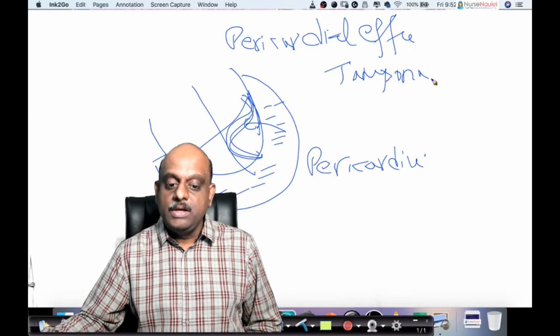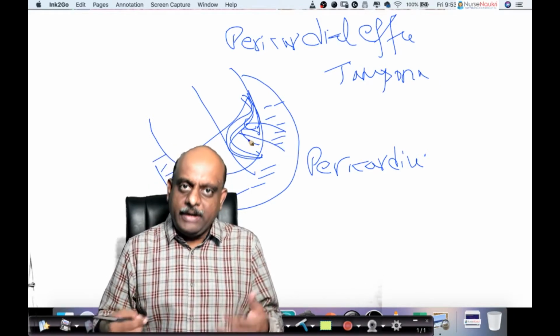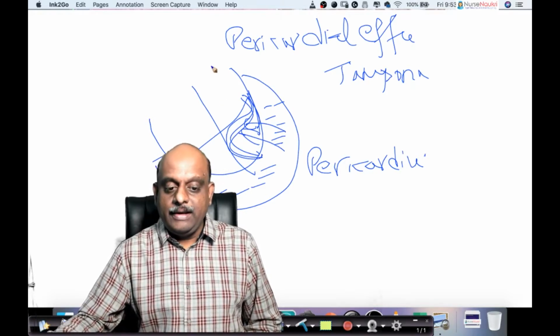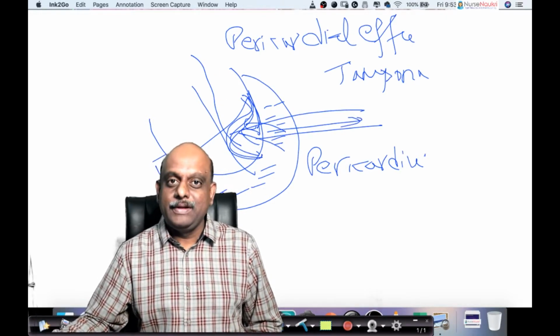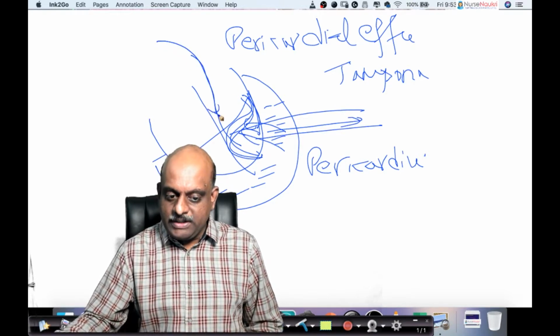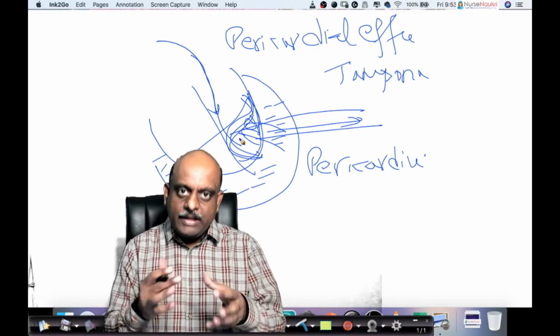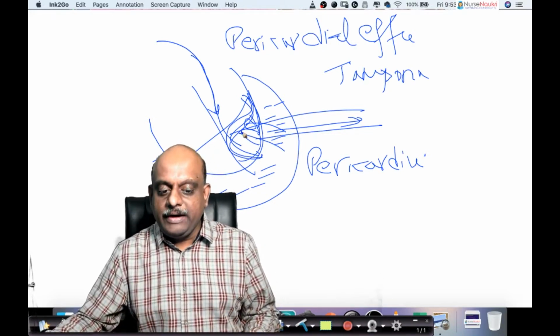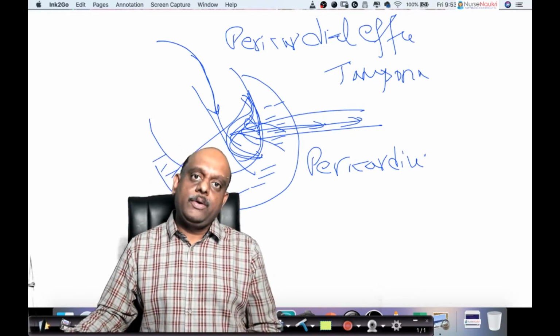Tamponade. If the heart wall is collapsed because of a lot of fluid, pericardial effusion, then the heart cannot pump the blood out. Obviously, only when the blood comes inside and the ventricle is free to expand does the ventricle get filled, and then you can pump the blood into the aorta, right?